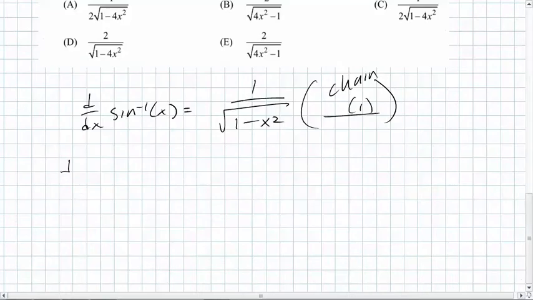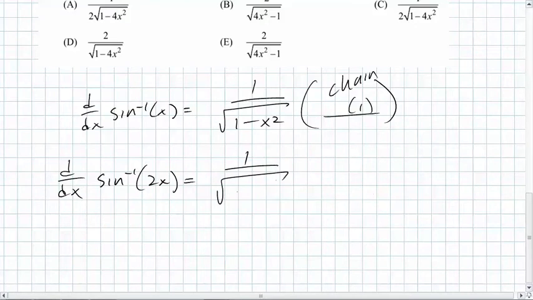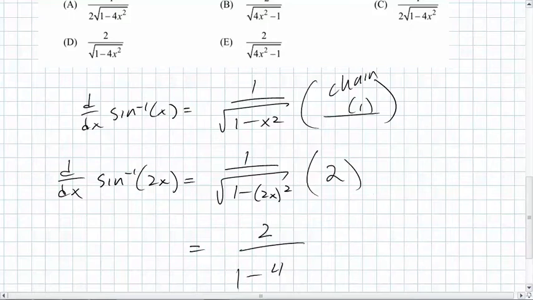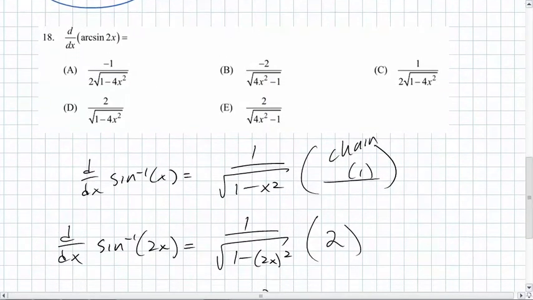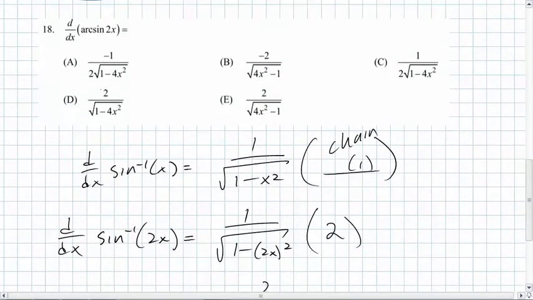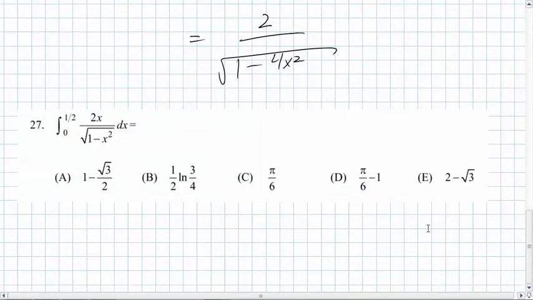So d dx of sine inverse of 2x is going to be 1 over the square root of 1 minus 2x squared, times what? Times 2. So you end up with 2 over the square root of 1 minus 4x squared. Is that one of them listed? Which one is it? It's not B. D. It's D.